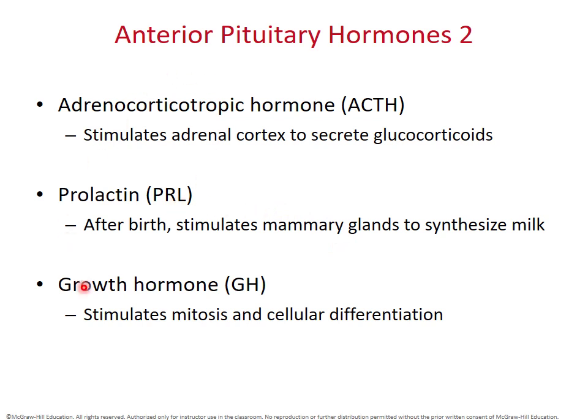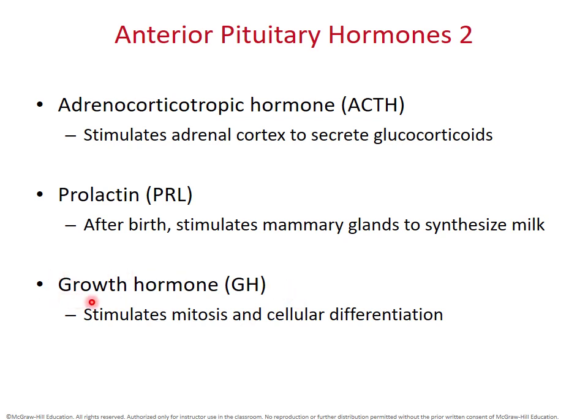And then finally, on our list, we have growth hormone, the sixth major hormone produced by the anterior pituitary. And growth hormone has a variety of effects throughout the body, very complex in its function. And it works primarily through the liver.